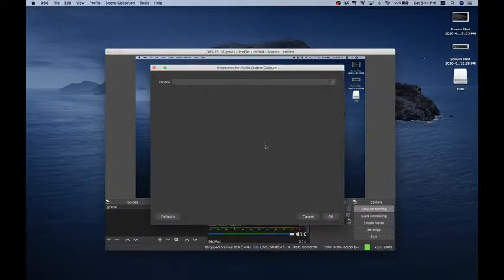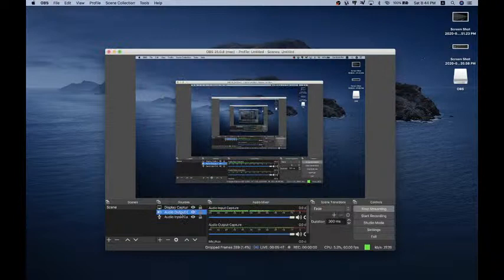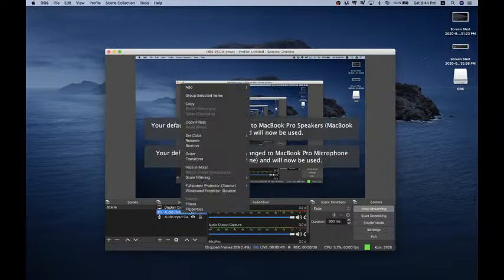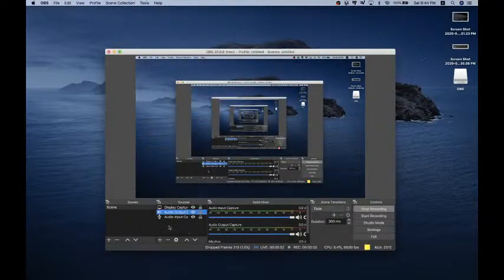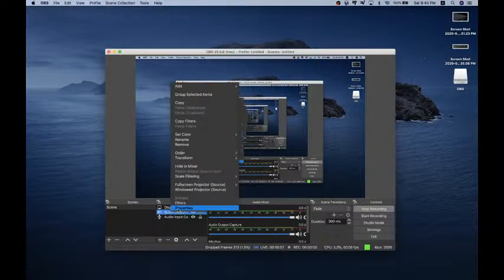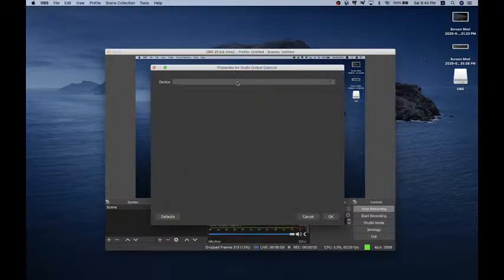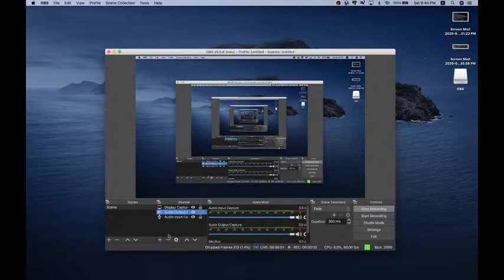Yeah, okay. What's the issue? The audio output part is not connected. It can't connect with my headset.